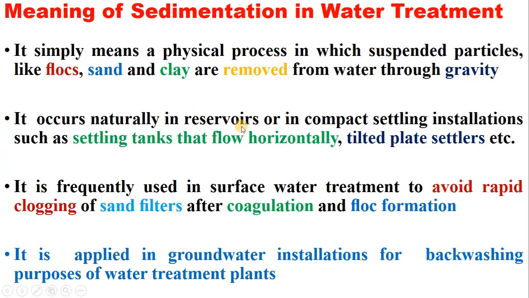It occurs naturally in reservoirs or in compact settling installations such as settling tanks that flow horizontally, tilted plate settlers, etc. It is frequently used in surface water treatment to avoid rapid clogging of sand filters after coagulation and floc formation. It is applied in groundwater installations for backwashing purposes of water treatment plants. So that is the meaning of sedimentation in water treatment.